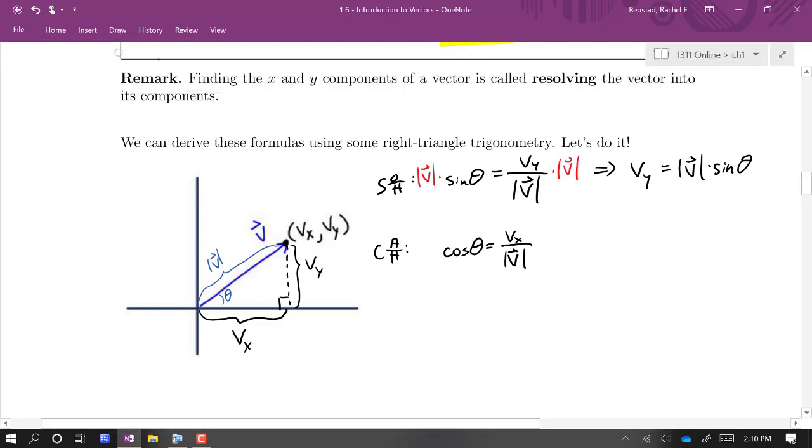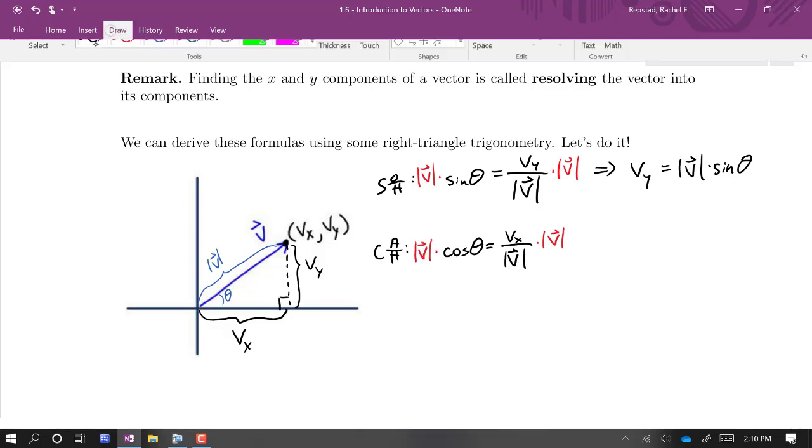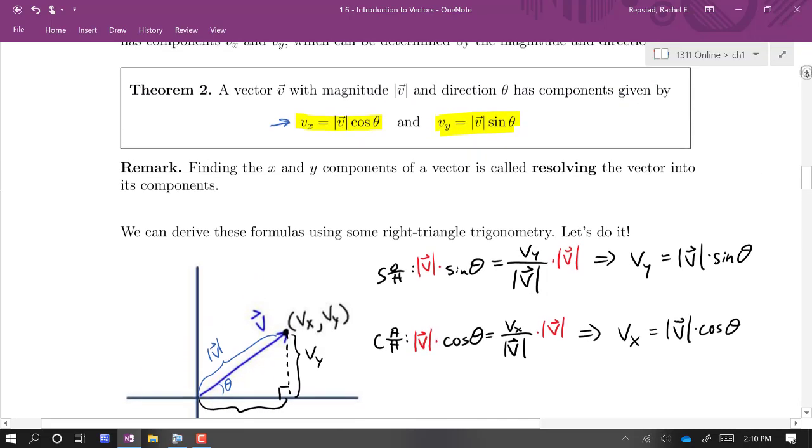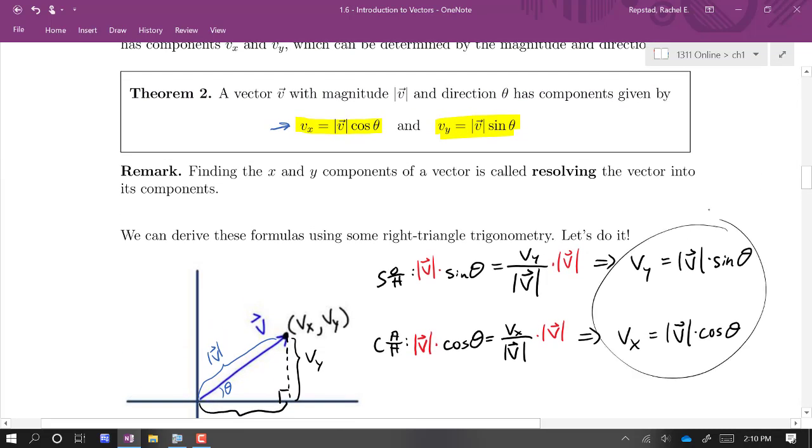If we want to solve for Vx, we multiply both sides by the magnitude. And there we get Vx is equal to magnitude times cosine theta. So this is exactly what we have given up here in Theorem 2.